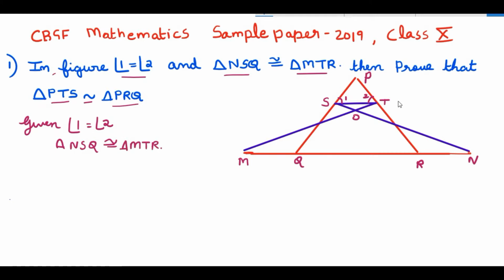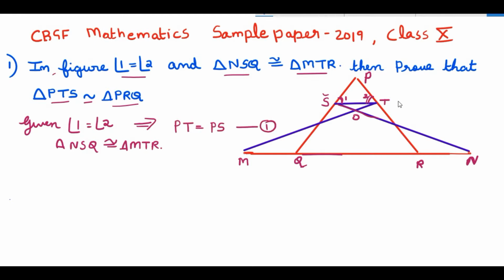So angle 1 is here equal to angle 2. Then triangle NSQ, so this triangle NSQ is similar to triangle MTR. So from that, since angle 1 equal to angle 2, I can write PT equal to PS.